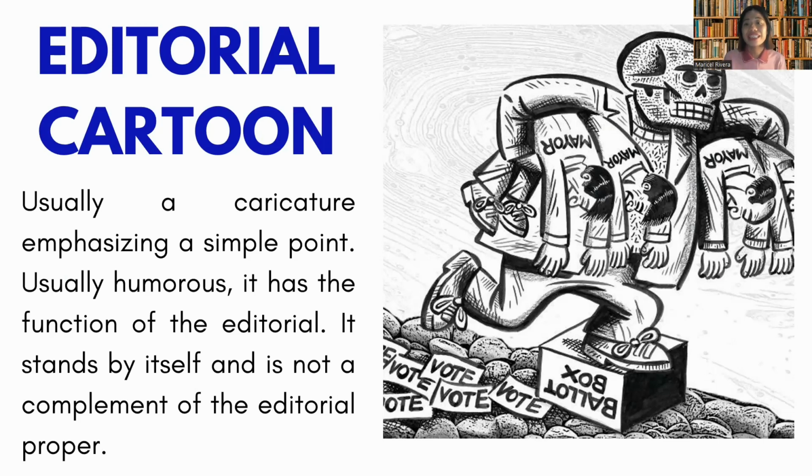It can stand on its own, and we don't really need to read the editorial proper to understand the message of an editorial cartoon. But earlier I was saying that it would be side by side with the editorial proper. Is it because it is placed on top or very nearby the editorial proper?